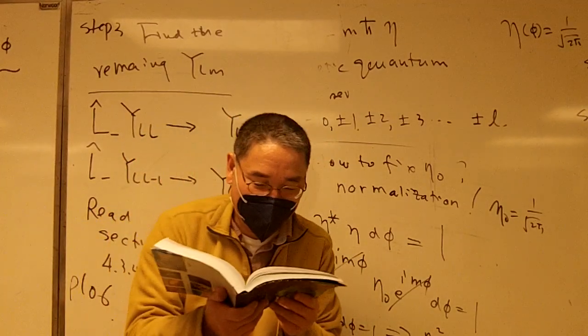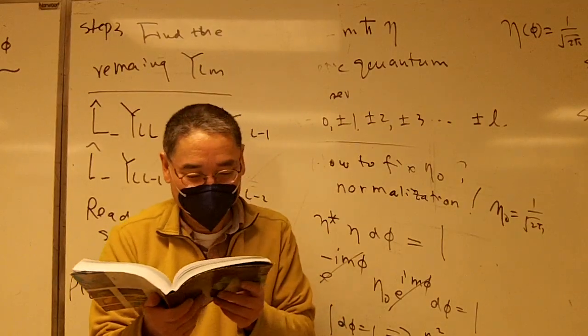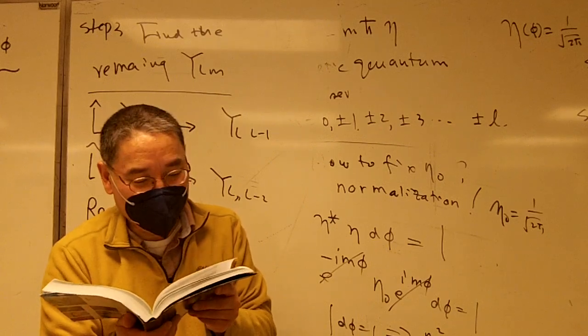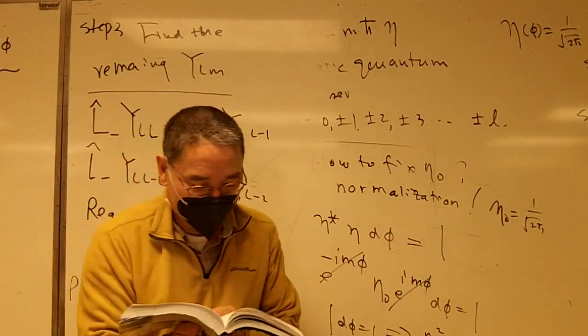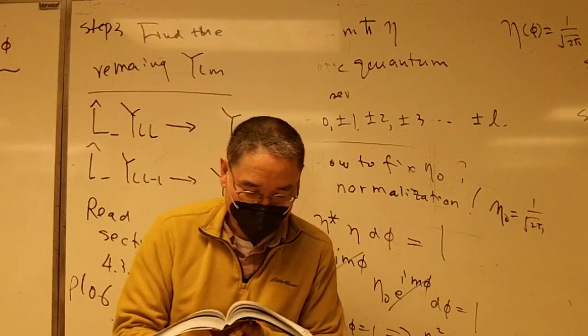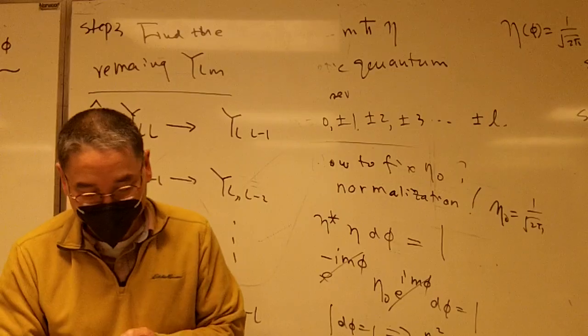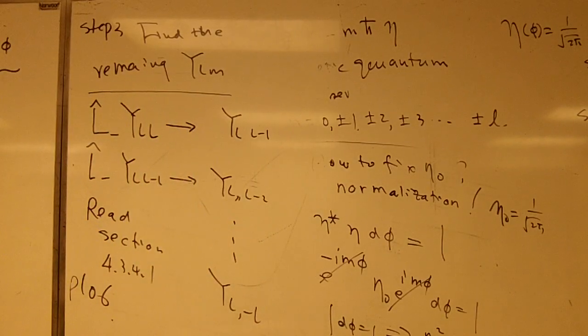Alex, could you read and multiply by this one? Multiply equation 4.3.18 and equation 4.3.17 from left to right to get: the conjugate of Y_lm times L minus hat times L plus hat Y_lm equals the absolute value of C_lm squared times the complex conjugate of Y_l,m+1 times Y_l,m+1.